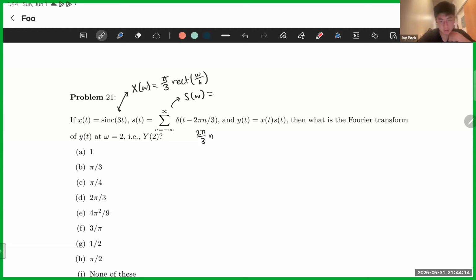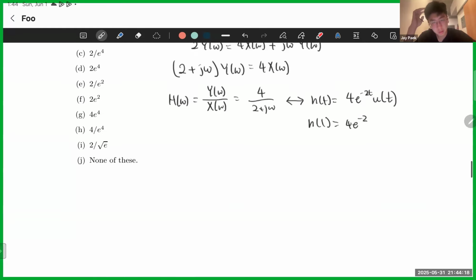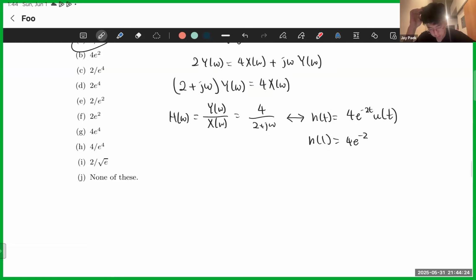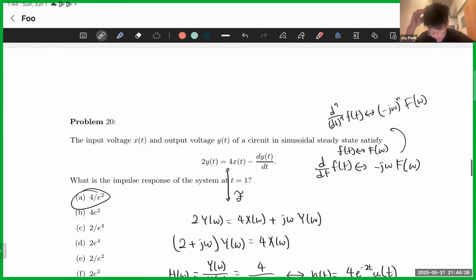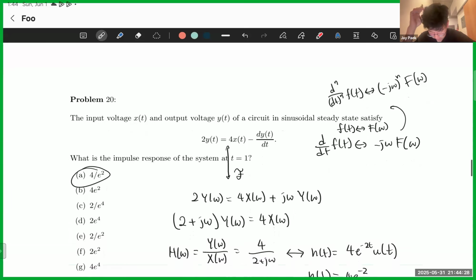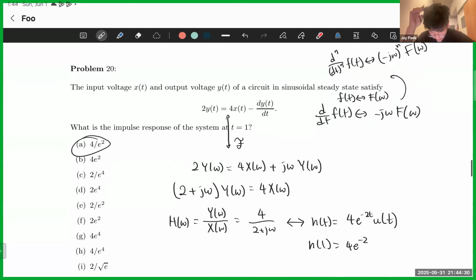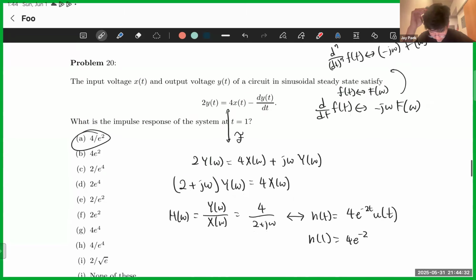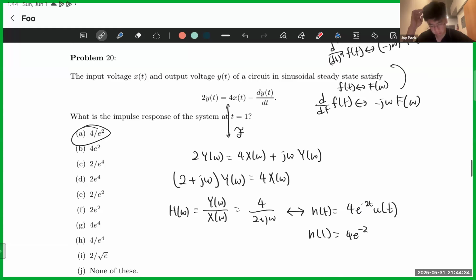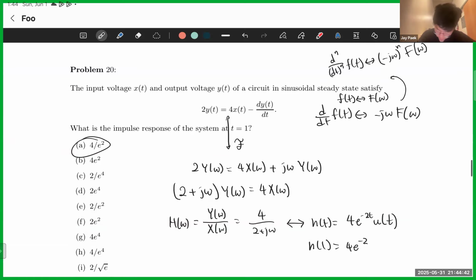So omega naught is just negative j omega naught. No, I believe not. Or is it? Hold on. Actually, I think that is right. It should be normal j omega.